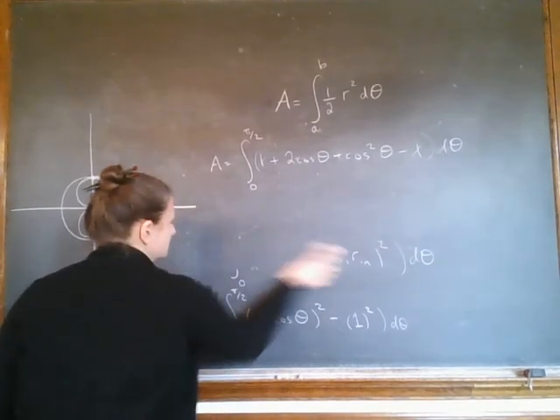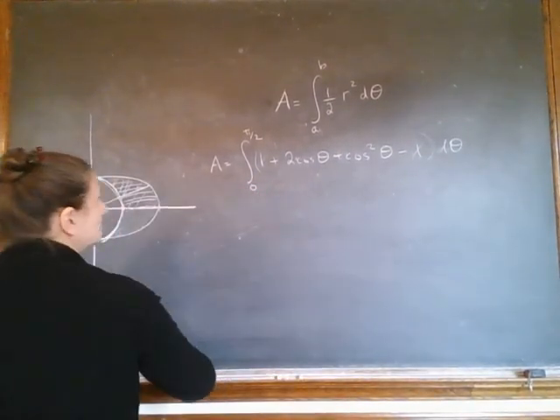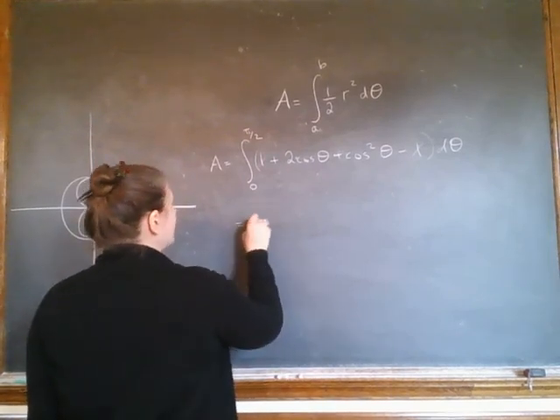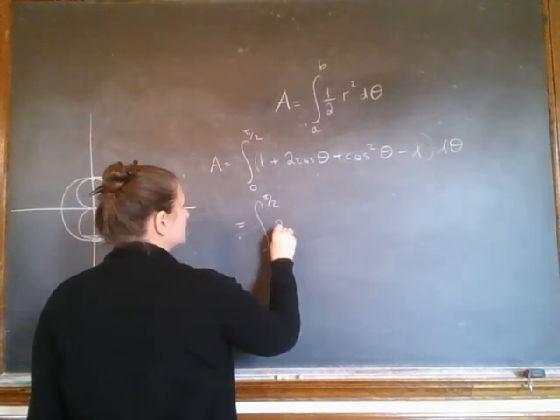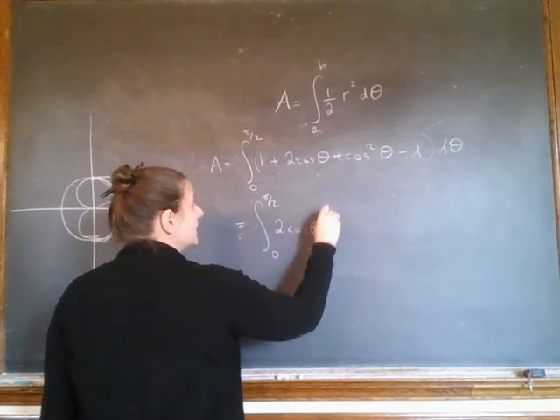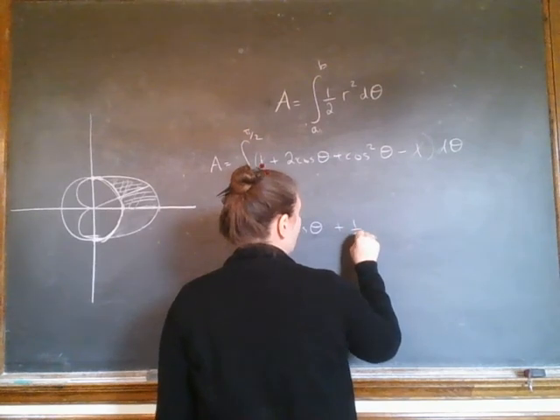Here I've got a cosine squared, so I have to use that half angle formula.